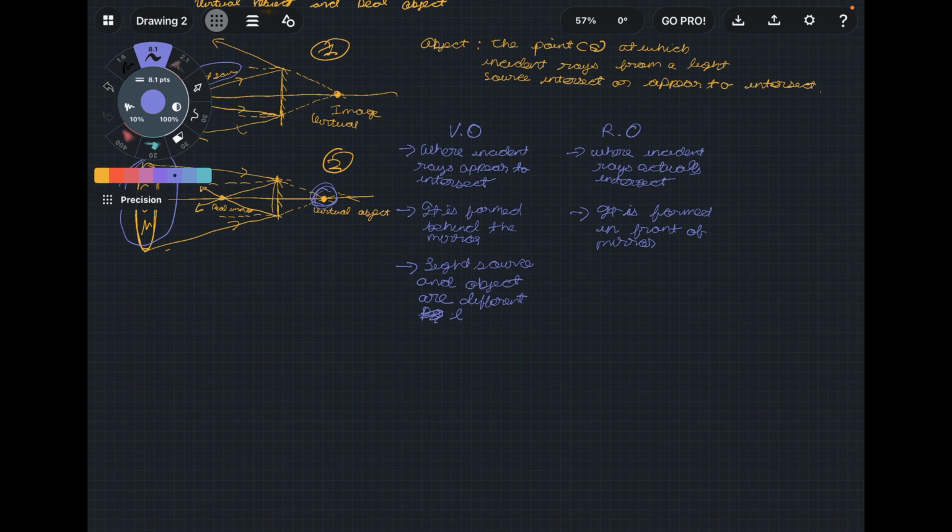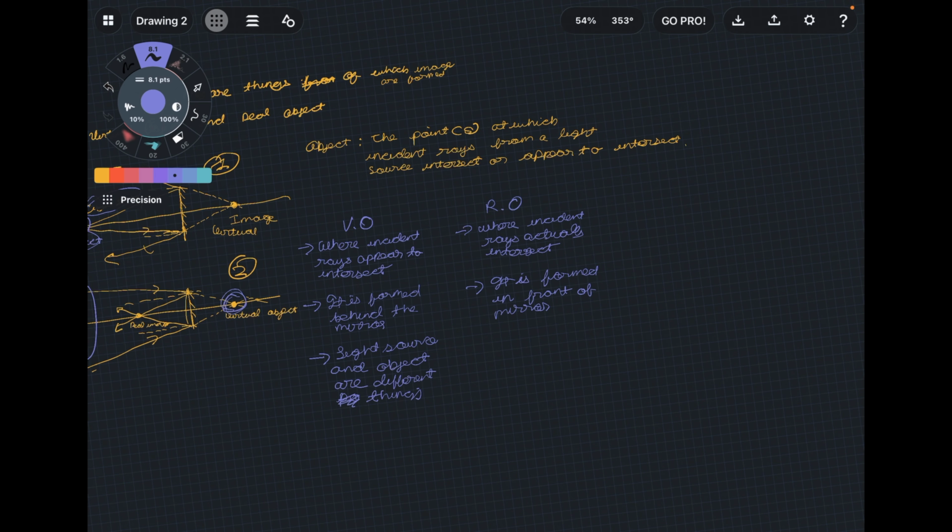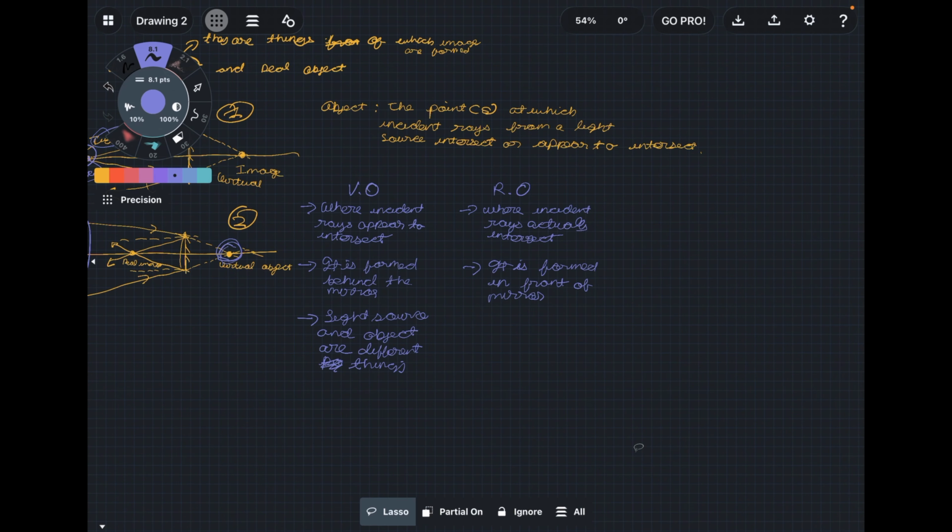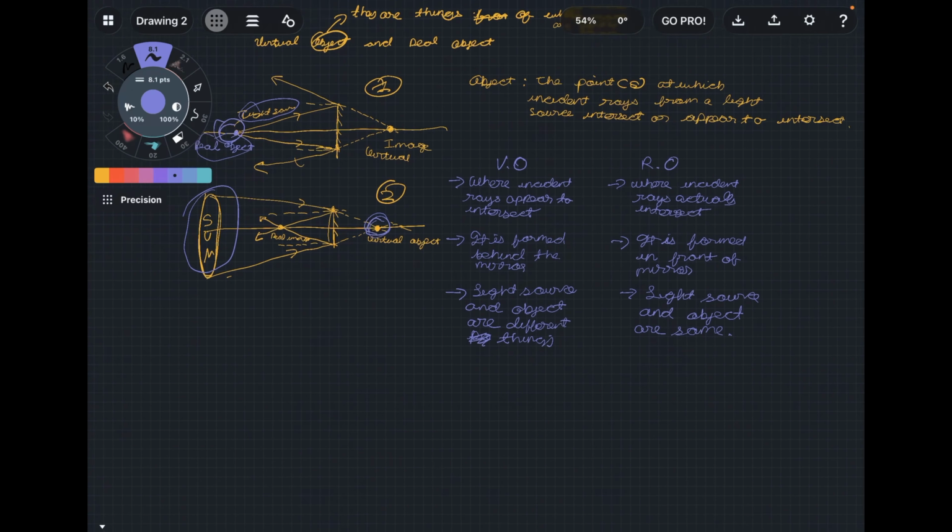For a real object, light source and object are the same thing. Source and object are same, right?